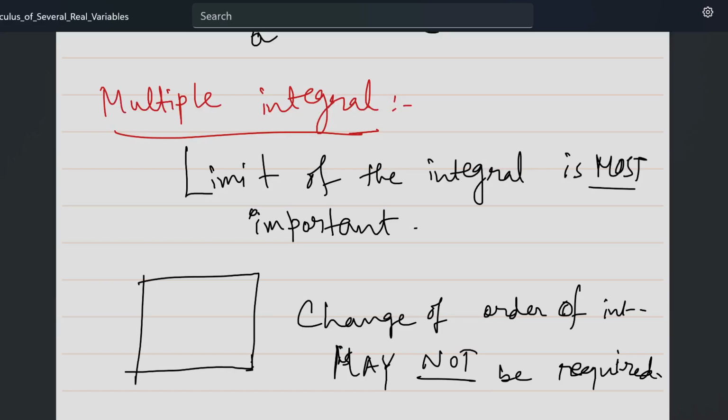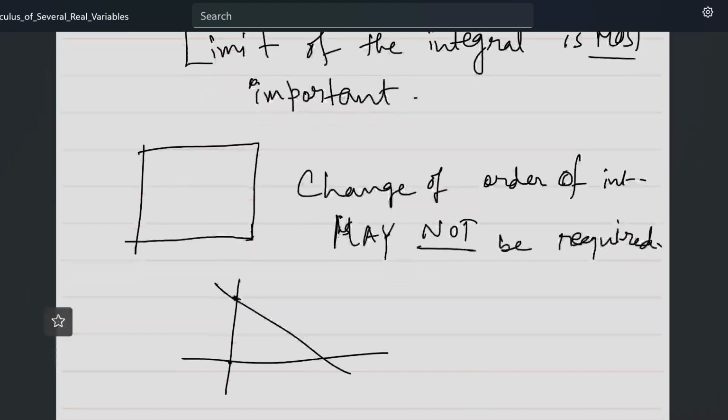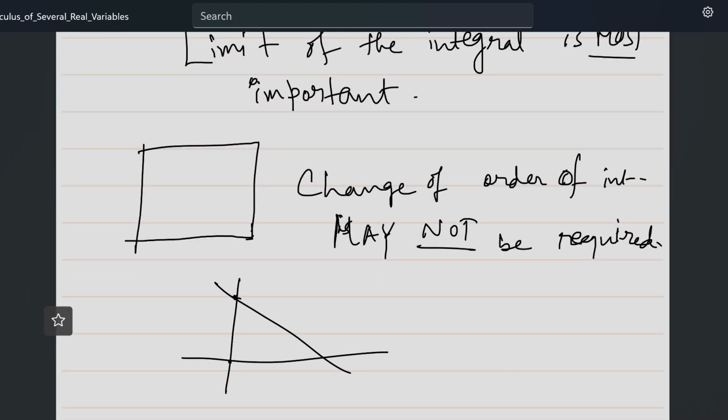But suppose the area is a triangular type of thing, then in many cases, if you are not able to solve the integral, it is better that you change the order of the integration.